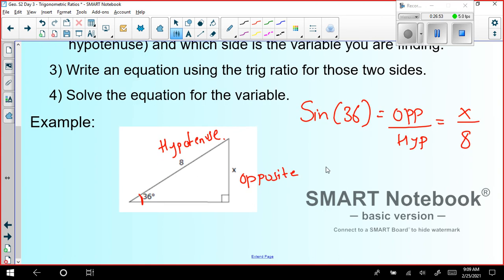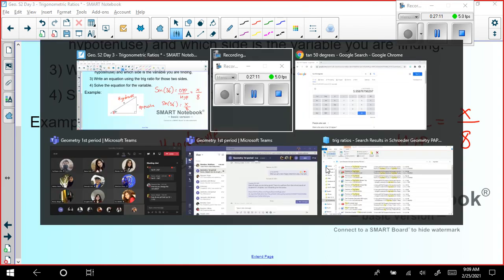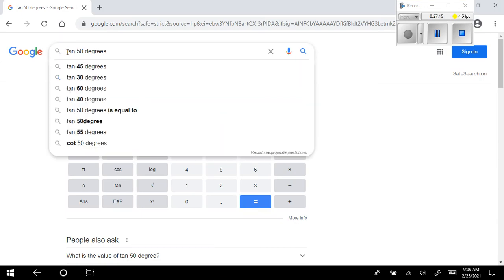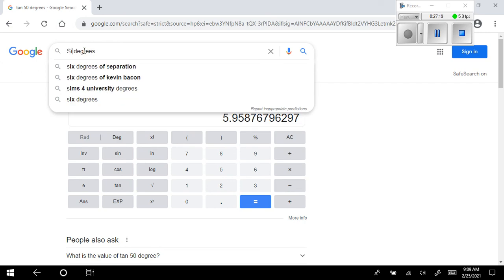I'll just write here sine 36, and this is in degrees, not in radians. Sine 36 degrees equals x over 8. Once again, to get sine 36, use your calculator. Sine 36 degrees. Let's use the calculator and tell you sine 36 degrees.